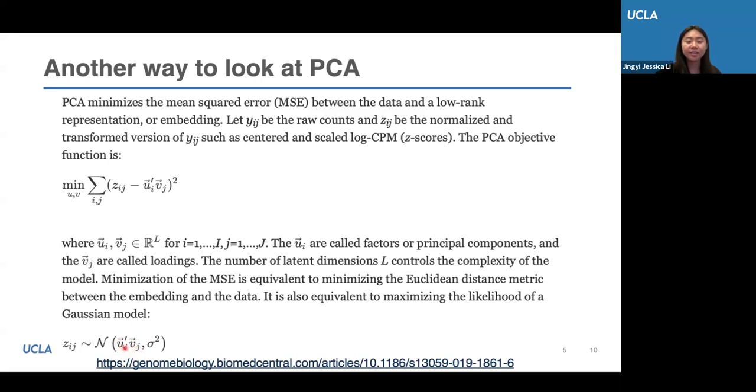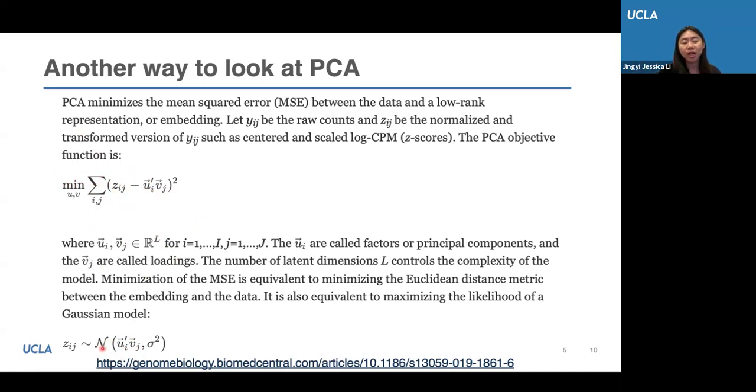Their inner product is the mean of the normal distribution, okay? And we say that minimizing the difference between Zij and the inner product squared, minimizing this is equivalent to maximizing the likelihood of the normal distribution.